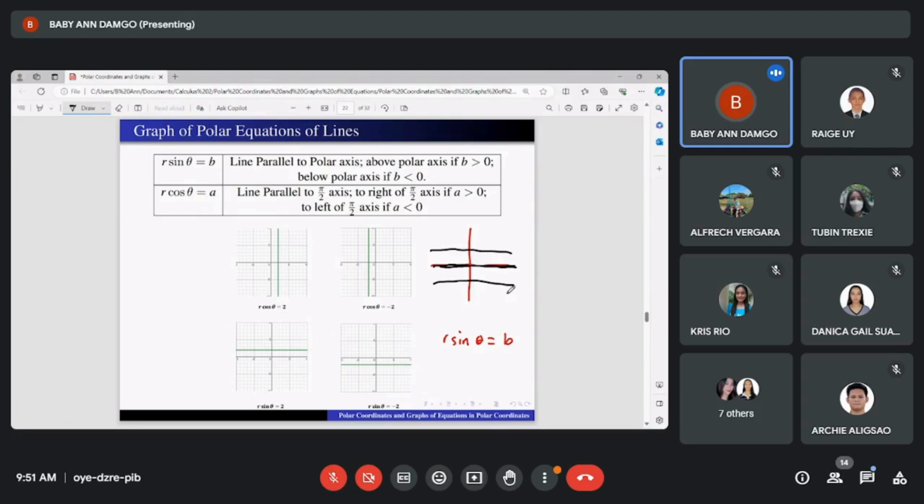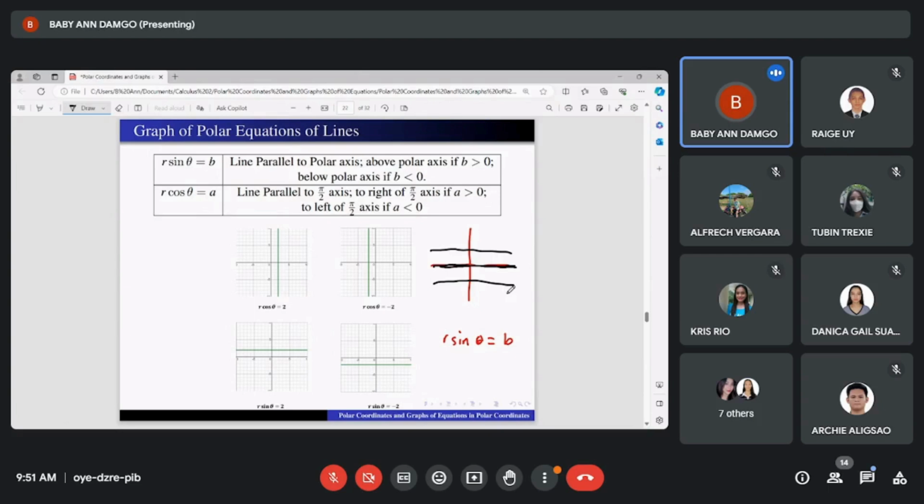It is a horizontal line which is parallel to the polar axis. Okay, so remember, the formula r sine theta, this is y is equal to b with respect to the rectangular. So, if we convert polar to rectangular, the conversion is y is equal to b, in which y is equal to b is horizontal, parallel to the x-axis with respect to the rectangular.